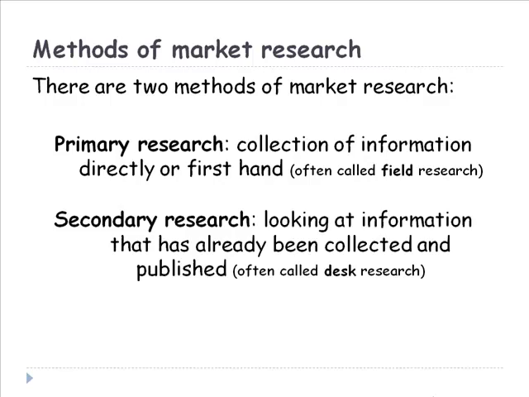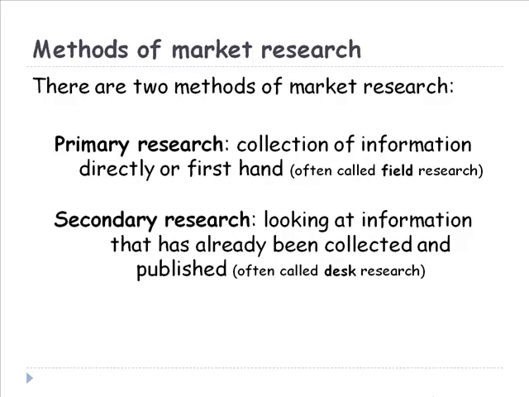The second type of research is secondary research, and this is looking at information that has already been collected and published. It's often called desk research because you don't have to go out in the field. You're more at your desk, and you can research information that's already been done.